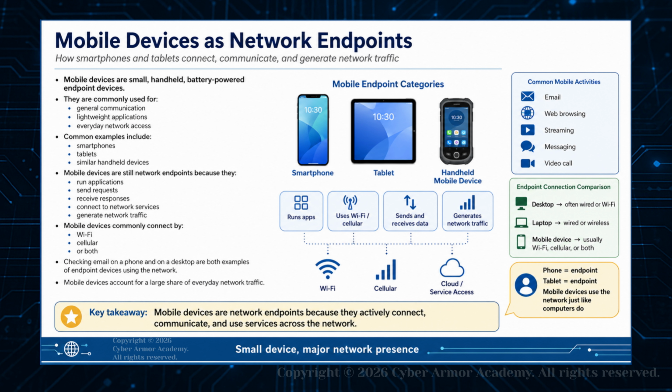These devices are smaller than desktops and laptops, but from a network point of view, they are still endpoints. They run apps, they send requests, they receive responses, they connect to services, they generate network traffic. So whether someone checks email on the desktop or on a phone, both devices are still using the network as endpoints.